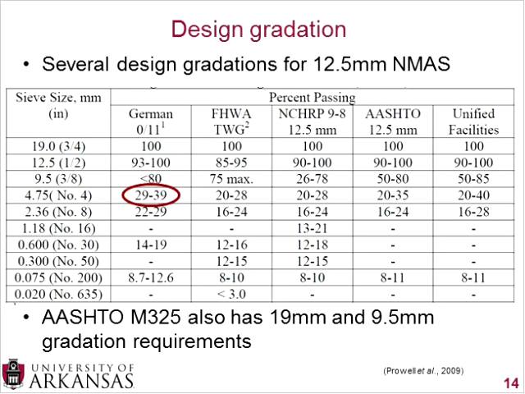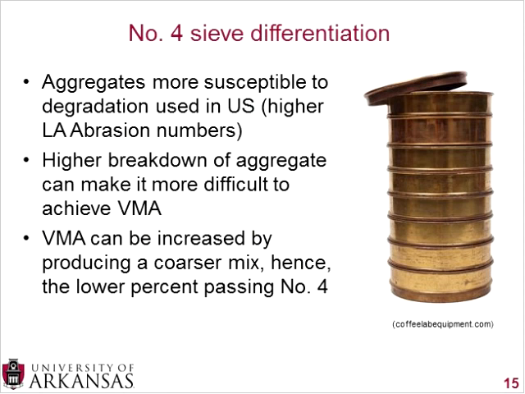I also wanted to point out on this slide that the German specification has a relatively higher level passing the number 4. You can see it goes from about 30 to 40, whereas most of the ones in the US are either 20 to 30, with some starting to go into the 30s. But in general, it's a little bit higher, and there's a very specific reason for that. When the stone matrix asphalt technology came over to the United States, they found that the aggregates were more susceptible to degradation in the US.